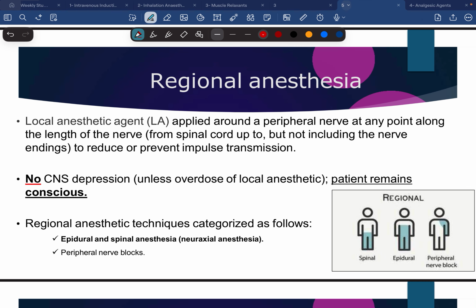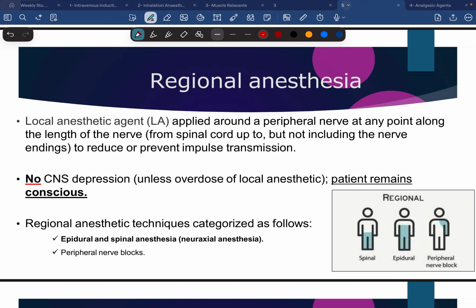Patients remain conscious, usually used for anything below the umbilicus. Spinal is a single shot thing. You go with the 1 needle through the layers, from the skin, from the back. We'll talk about the layers in a bit. Once you reach the CSF, you inject the local anesthetic.